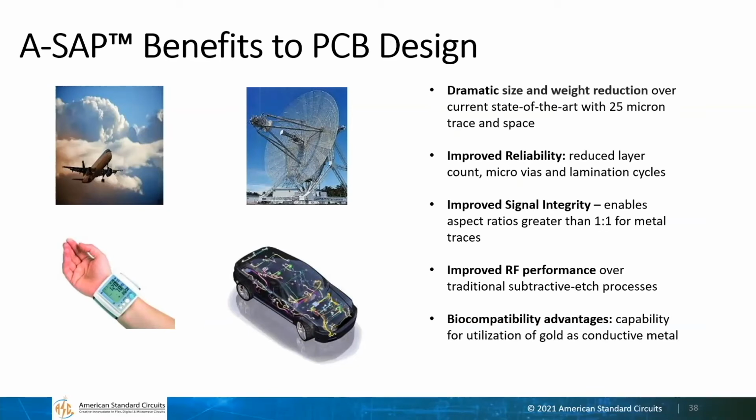So shrinking those items is key to shrinking electronics overall. And of course, as I mentioned before, reducing the number of layers is a very good way of improving reliability overall, because in circuit boards, a big source of reliability problems are actually the vias. So if you can have fewer vias, fewer lamination cycles, you can improve yield, you can improve reliability.